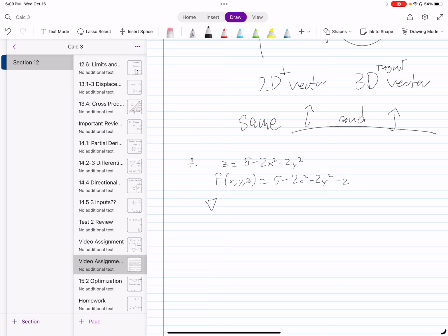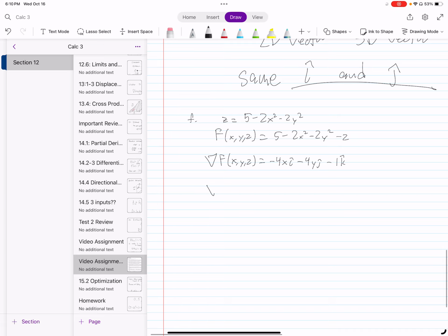Then we take the gradient of the function, and this will give us the greatest rate of change. So negative 4xi minus 4yj minus 1k. And then we will plug in those same values.